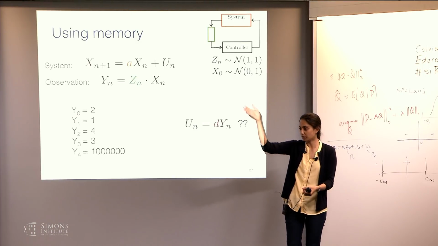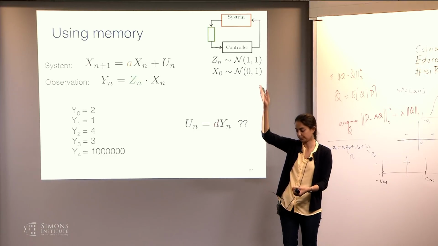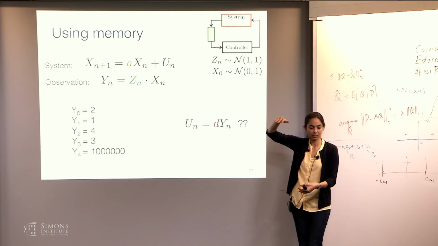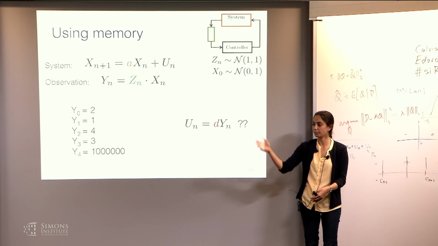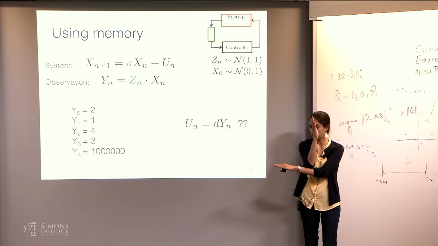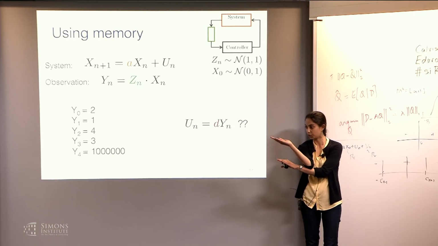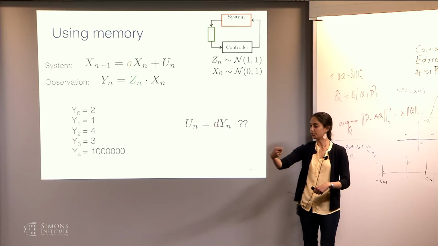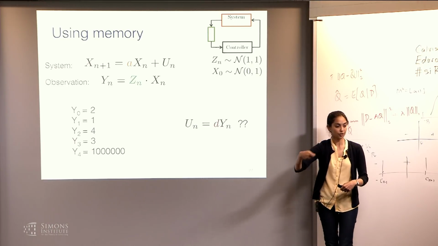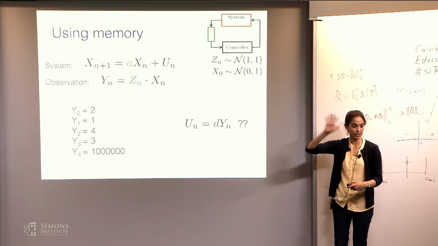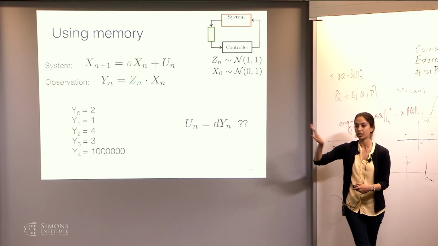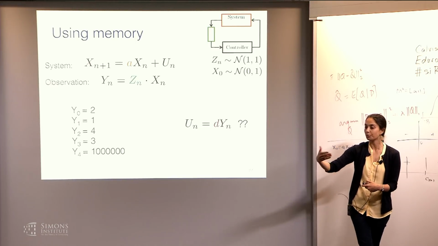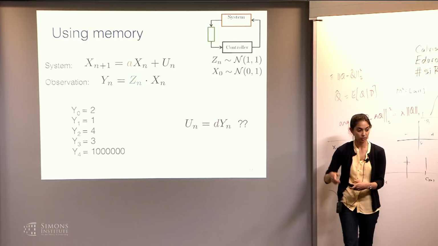Because when I remove my best linear estimate, I'm basically making my state orthogonal to my observation. I'm removing this projection. And so my next observation has no information about the state because I've already removed anything from the past. So the new observation is only related to the new noise.